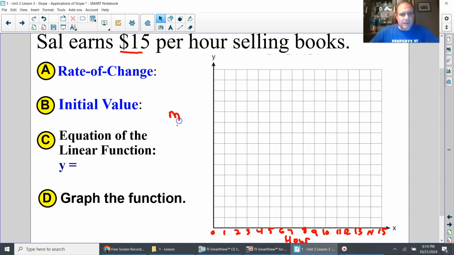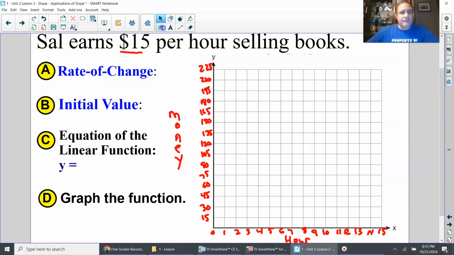Sal makes $15 per hour, so we are just going to count by 15s. And just like that, we're going to be up to 135, 150, 165, 180, counting by 15s, 195, 210, and then 225.